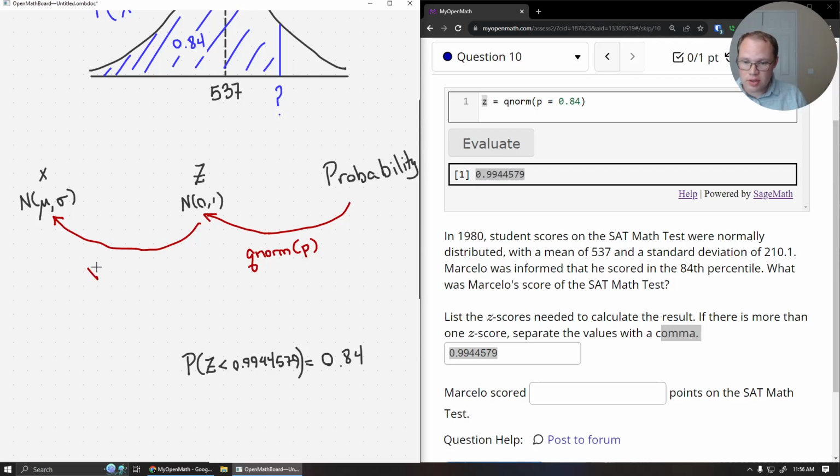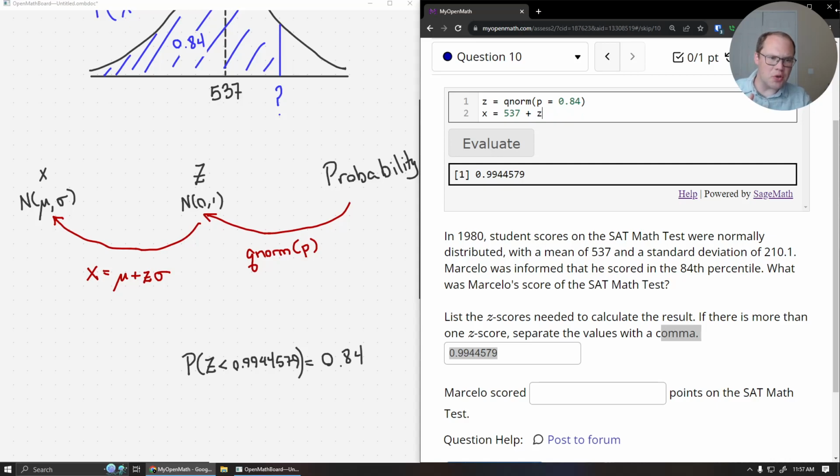We do that using the formula x equals the mean plus z times the standard deviation. So x equals the mean, which is 537, plus the z-score, which I can either write as 0.9944579, or because I stored that in variable z, I could just write z.